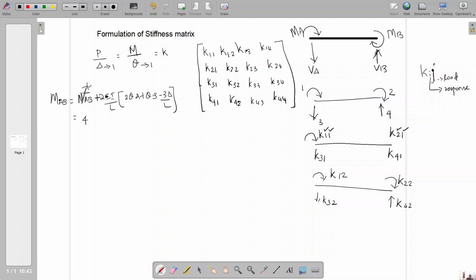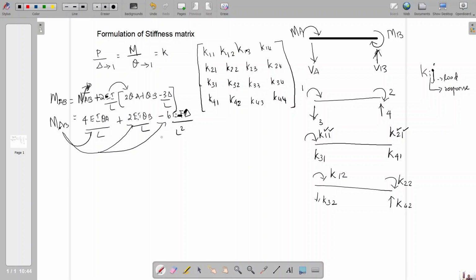If you omit the fixed end moment and multiply the coefficient inside, you get 4EI theta A by L, 2EI theta B by L, and 6EI delta by L squared. You have to remember that the individual components are moment components: 4EI theta by L is one, 2EI theta by L is another, and 6EI delta by L squared is another.